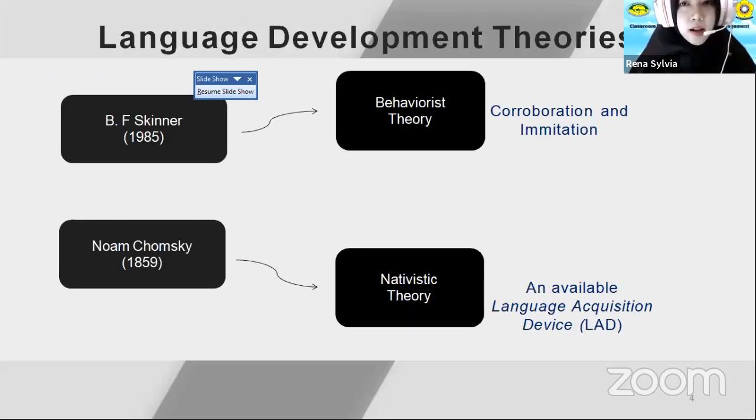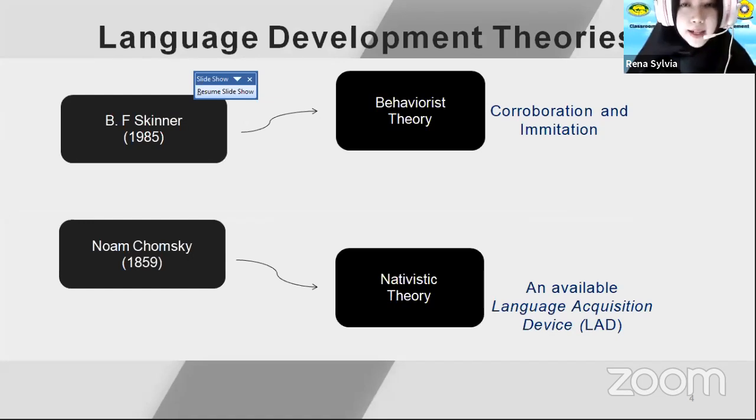And then for those 3 points, there will be 4 theories that will be the base of the 3 points that I have already explained. The first theory was introduced by B.F. Skinner in 1985, the behaviorist theory.